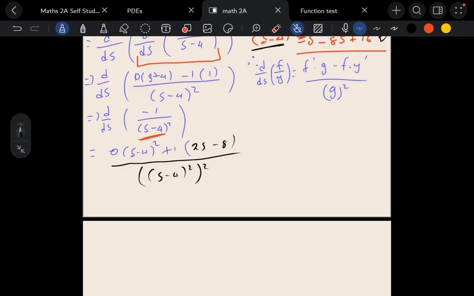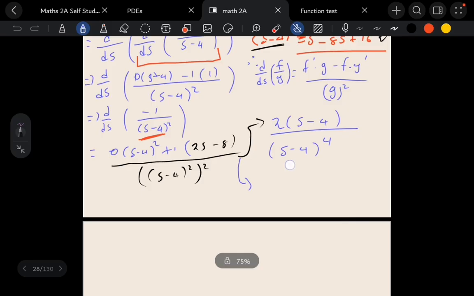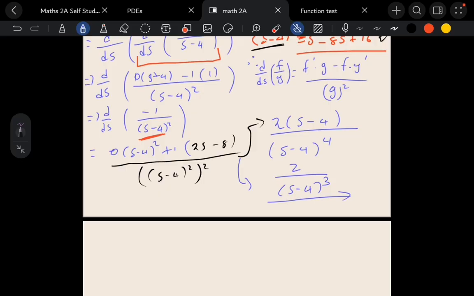So you're going to square it again. If you simplify this, I am going to have 2 in bracket s minus 4 all divided by s minus 4 all to the power 4. But if you simplify this further, I'm just going to have 2 over s minus 4 all cubed. So this will be your final answer.